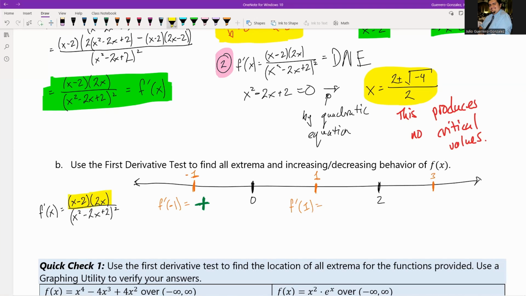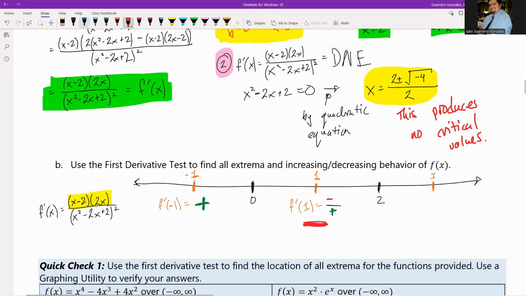So this top is going to be a negative value. If I plug in 1 on the bottom, it's going to be 1 minus 2 plus 2. So this is going to be positive, right? So hopefully you guys see that's going to be a negative divided by a positive. So this is going to be negative.